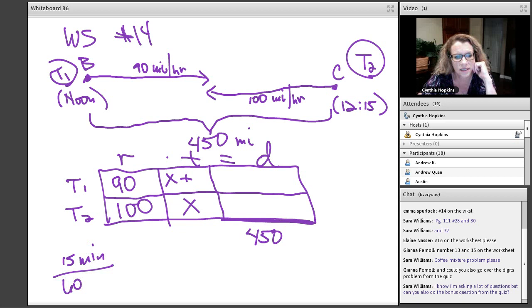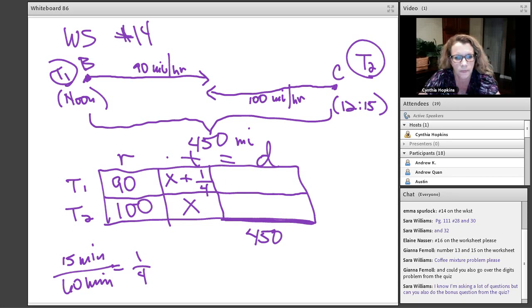So if I simplify 15 over 60, do you see where I'm working down here, bottom left of my screen? That simplifies to 1/4, and isn't that exactly what 15 minutes is, 1/4 of an hour? So that's what you need to write right there. Not only was this problem a little tricky because of the difference in time, but you had to know to write 15 minutes as 1/4 of an hour.